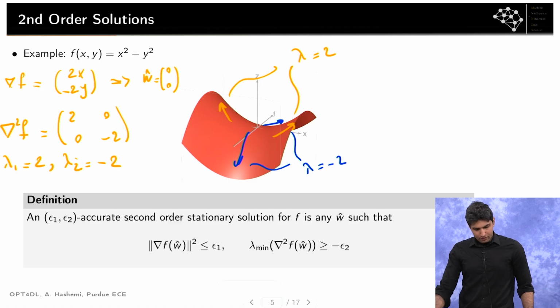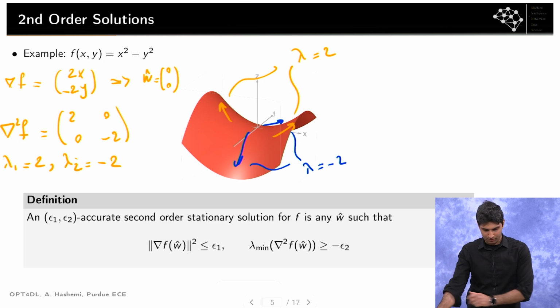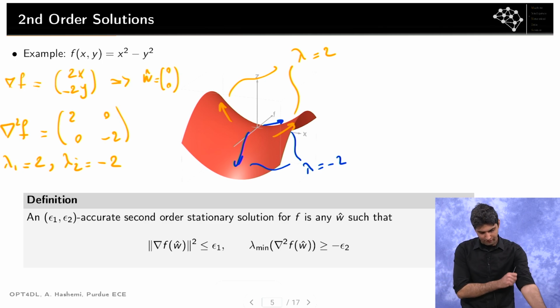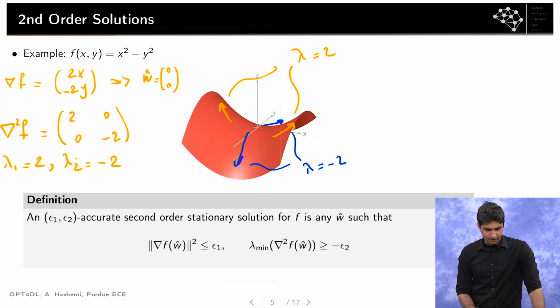So based on this, we can define our notion of second order stationarity. Now we have a way to talk about what we need from the second order information in order to distinguish between local minima, local maxima, and saddle points. Okay, so that gives rise to this definition of approximate second order stationarity.